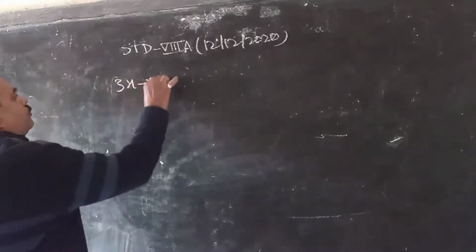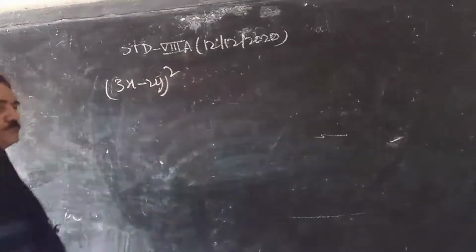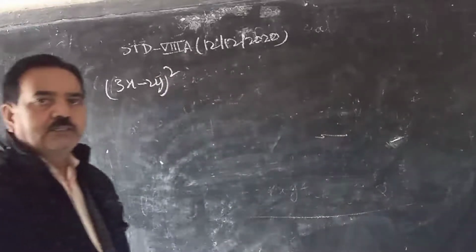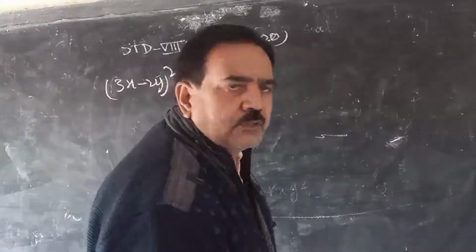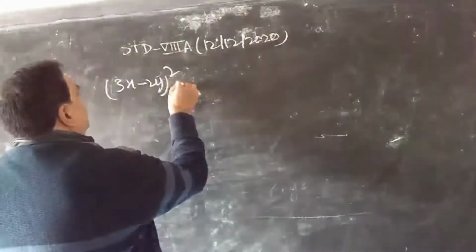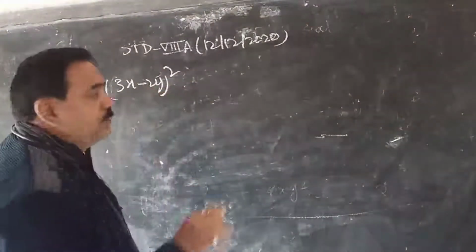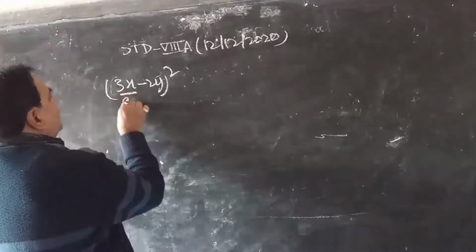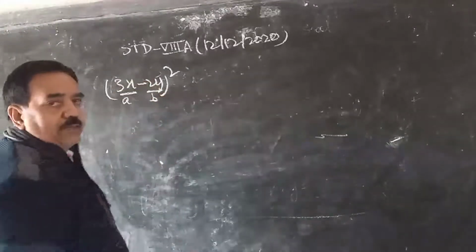(3x - 2y) whole cube. So this is based on (a - b) whole cube. In place of a there is 3x, in place of b there is 2y.